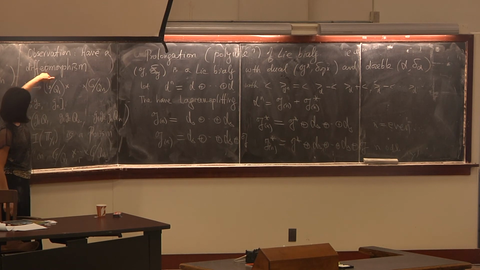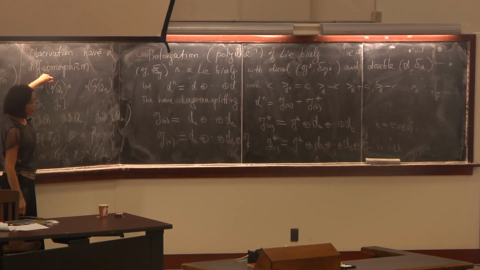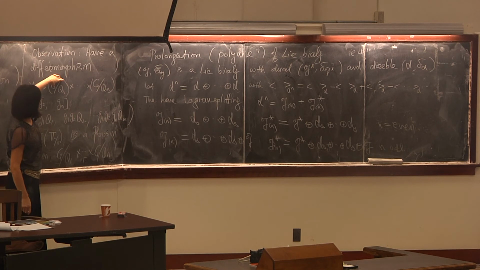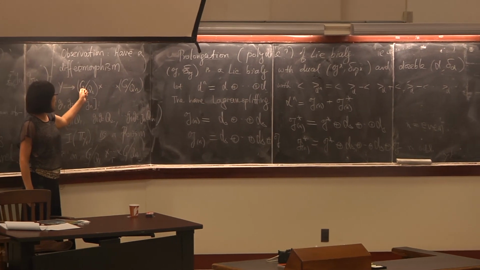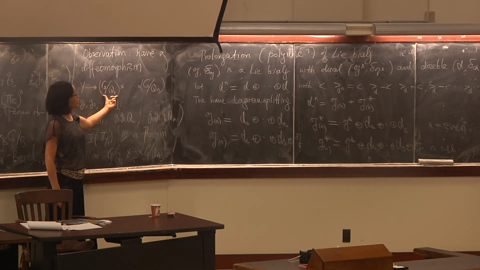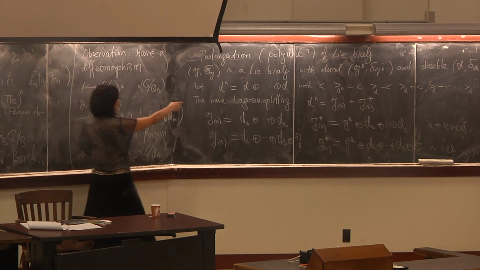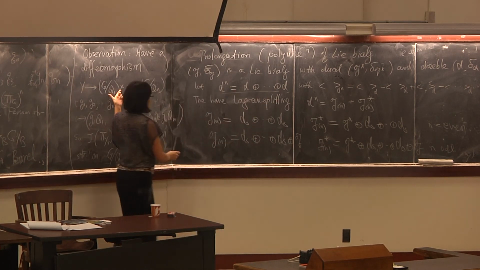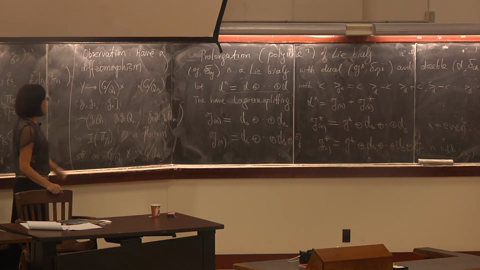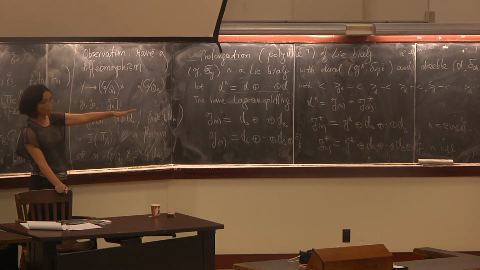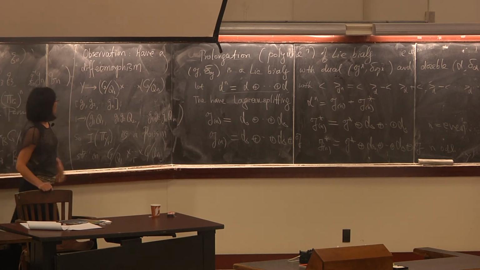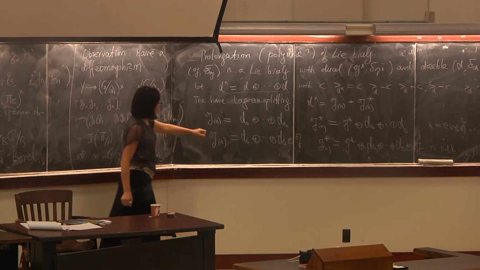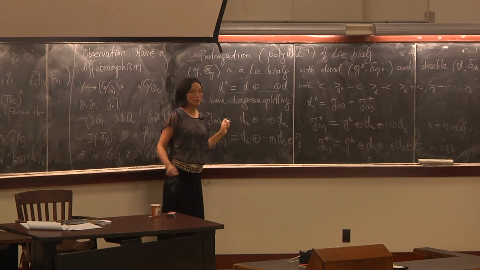In fact, the double Lie algebra acts on this quotient. Here you only see the G action, but in fact the dressing action also descends to here. So not only do you have the left translation by G, you also have the dressing action. So each copy has a D action. Therefore, the direct product action is an admissible action for the Lie bialgebra. Now you have a Lagrangian splitting, so you push the R matrix to here and you get a Poisson structure. As a result, this Poisson structure has a large Poisson symmetry.